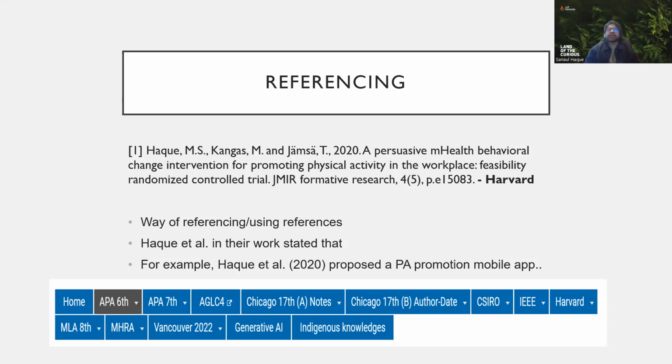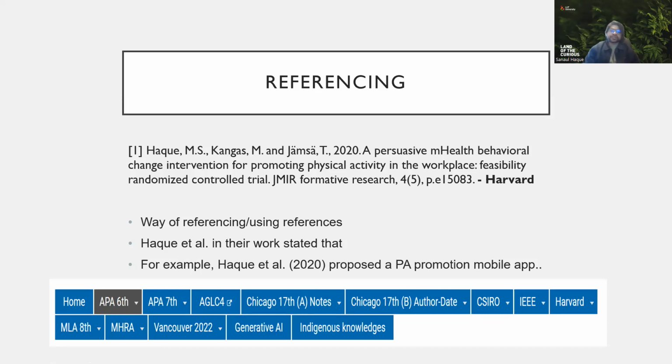But then again, when you refer to those papers in your literature review article, it matters how you write those. That's why I have given this example. So Hawk ETL in their work stated that, following the academic way of writing and showing.